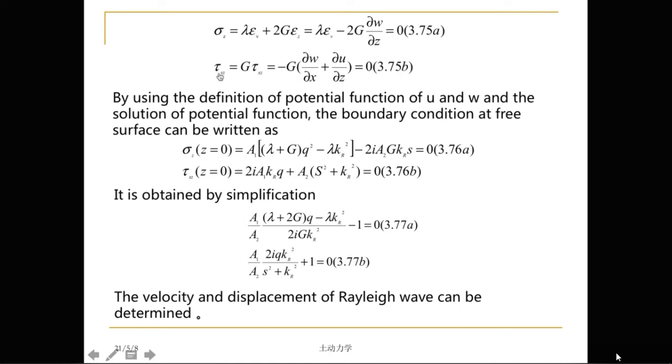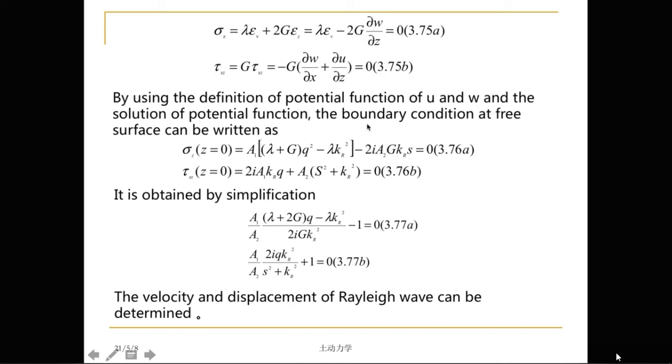And tau xz equals g times (dw dx plus du dz), equal to 0.